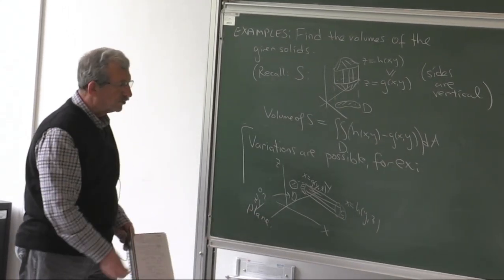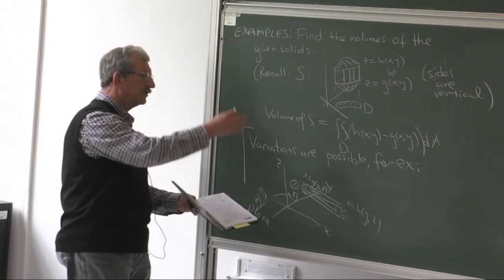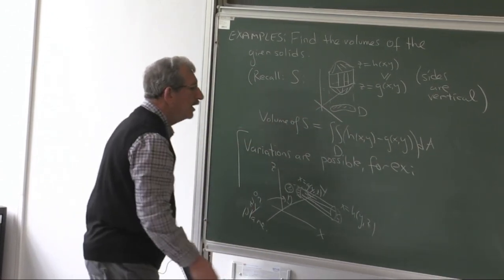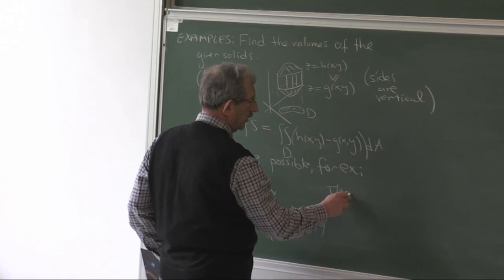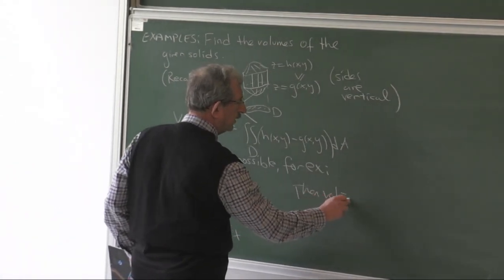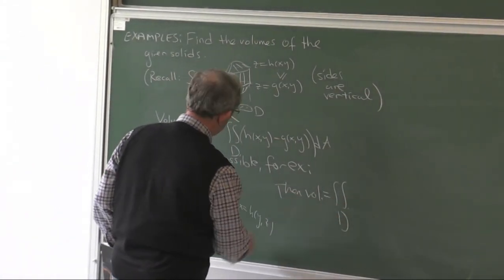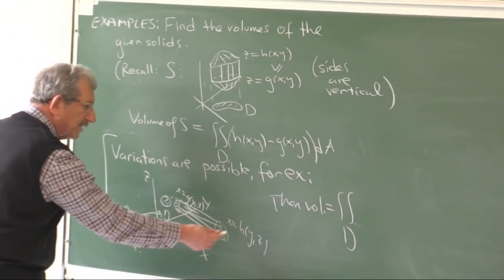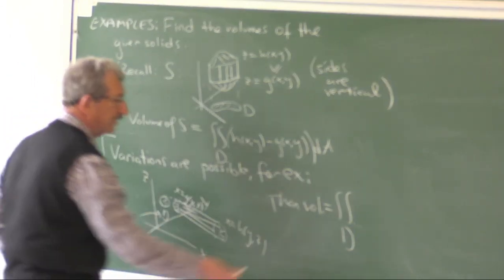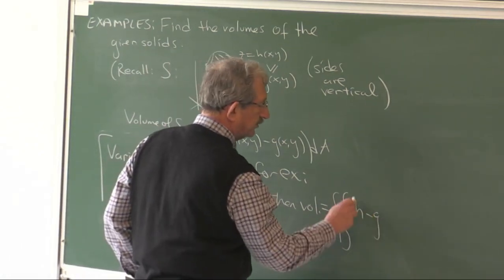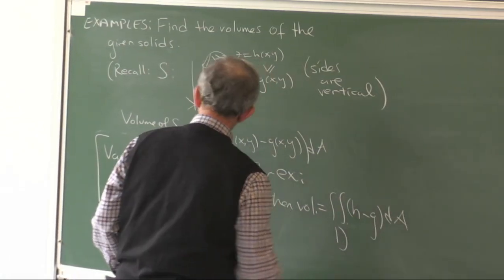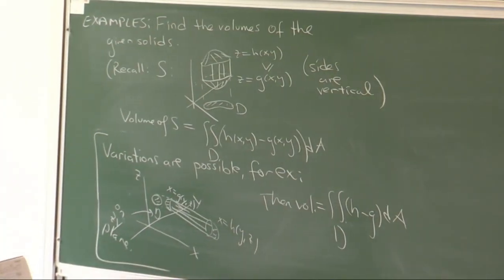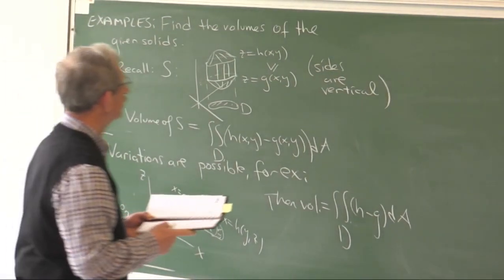In other words, if you rotate this so that it stands vertical, it would look like this one. Then, of course, the volume would be the integral over D of the larger one minus the smaller one, the larger one in the x direction, so it is h minus g dA, etc. Such variations are certainly to be expected.